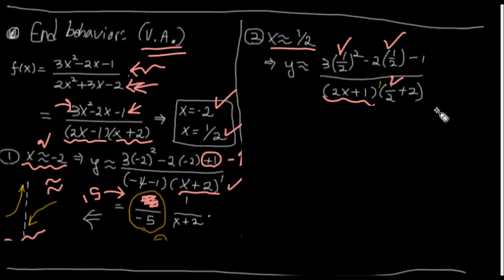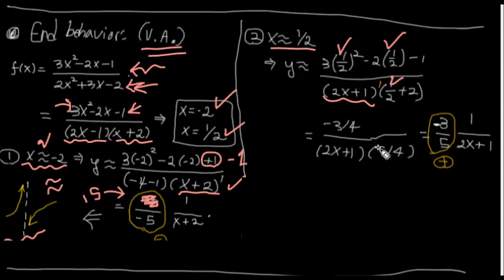If the rest of the part is a positive number, then it behaves just like the usual odd degree rational function. So it turns out the numerator is a negative number and the denominator is a positive number. Altogether, it turns out to be a negative number, and this should be the opposite behavior. It's reflected behavior.